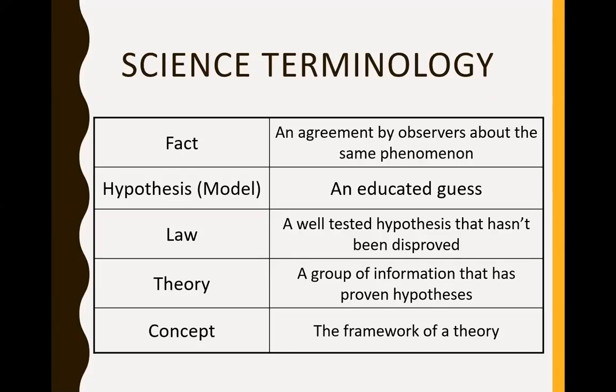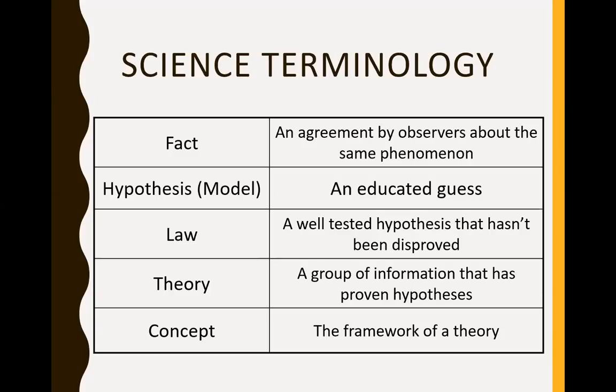So for example, there are several concepts that we're going to talk about throughout the semester to explain some very high-level theories. For example, the idea of energy, when we get to chapters 3 and 4, is a concept that we're going to use when talking about the theory of electromagnetic radiation.